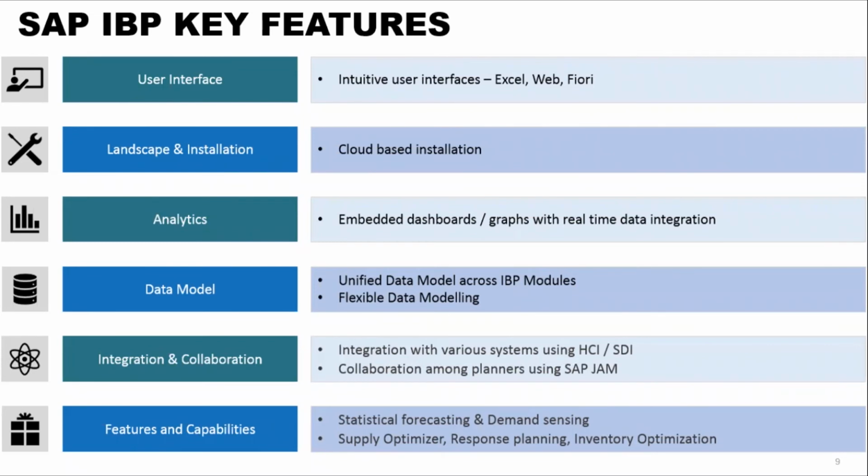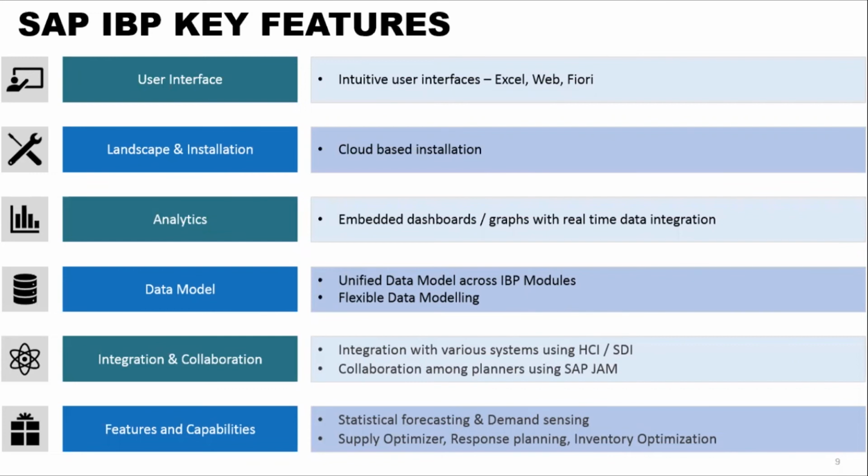The next thing is integration and collaboration. This we discussed. We can connect with various systems, whether it is an SAP system, a non-SAP system, or flat files. Anything we can integrate smoothly with the IBP, through CPI, SDI, and web services.